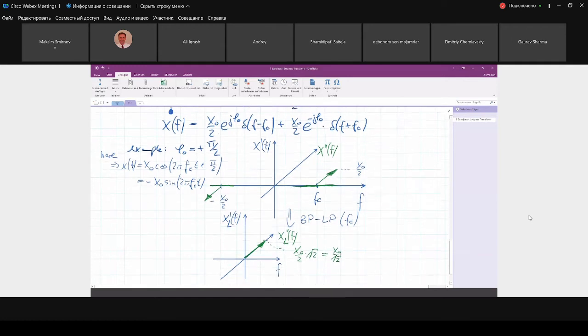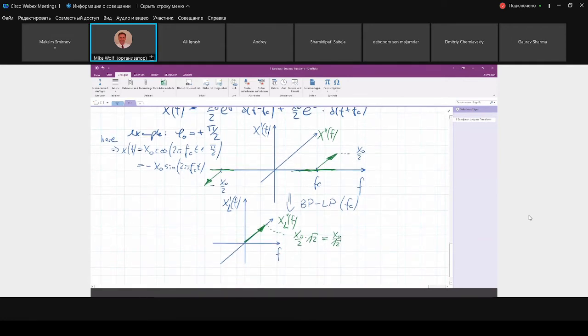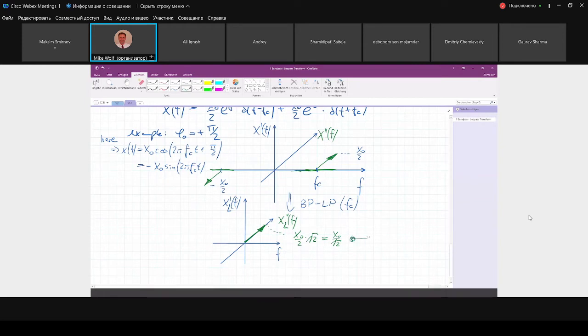So this means now our spectrum in the general case. Or we can say, for this concrete example, what is it in the time domain? X_L of f is equal to, we don't have a real part for this example, for this phase.